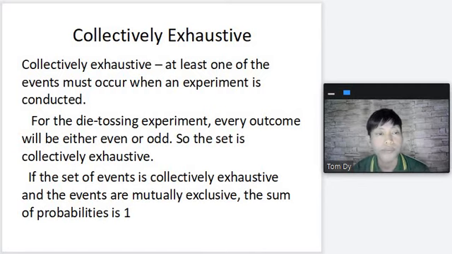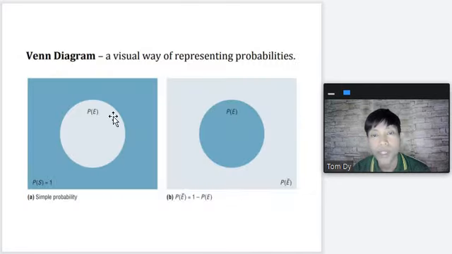So in our discussion about probability, it is important for us to discuss the Venn diagram. A Venn diagram is a visual way of representing probabilities. So we have here a simple probability. Probability of E and then probability of S is equivalent to 1. Take note, the maximum value for probability is equivalent to 1.